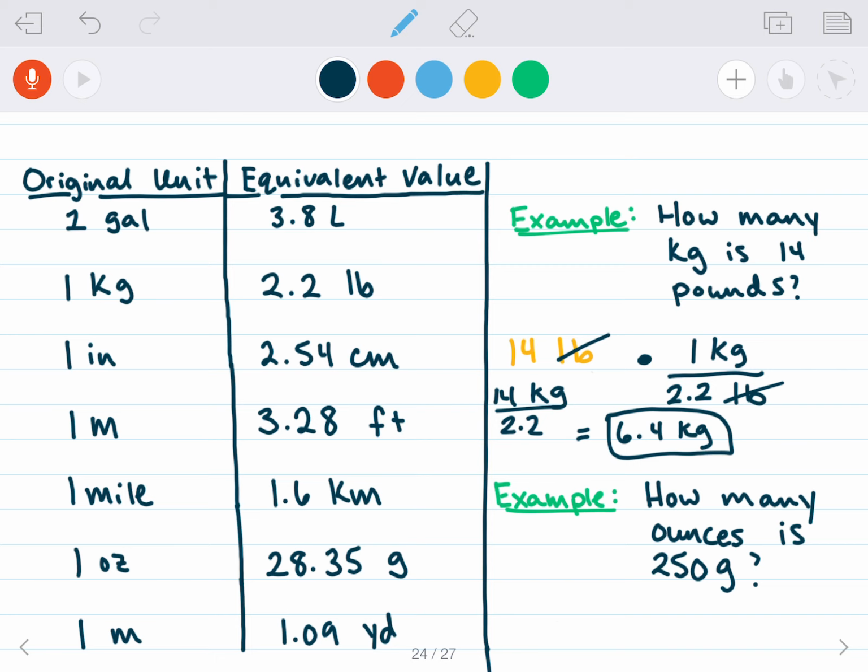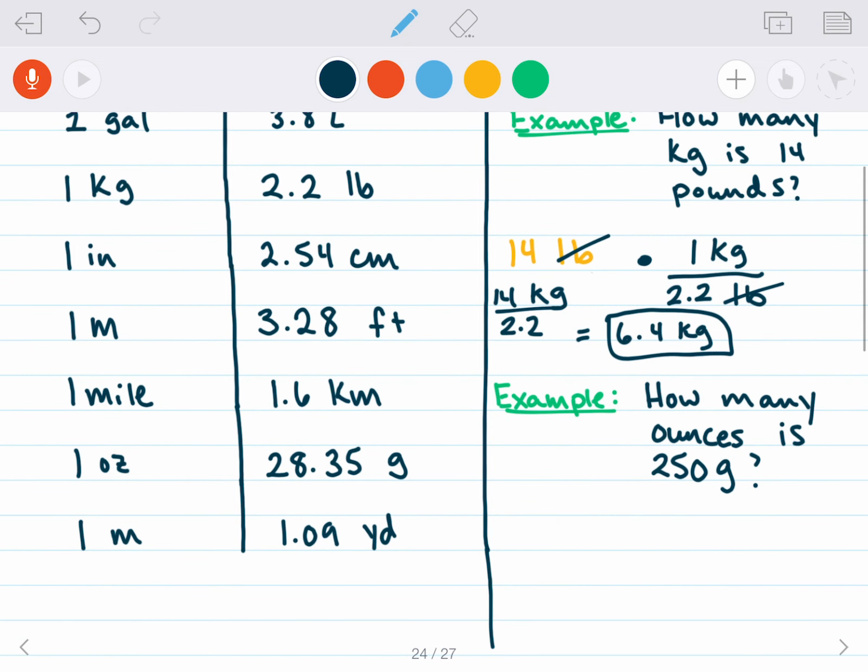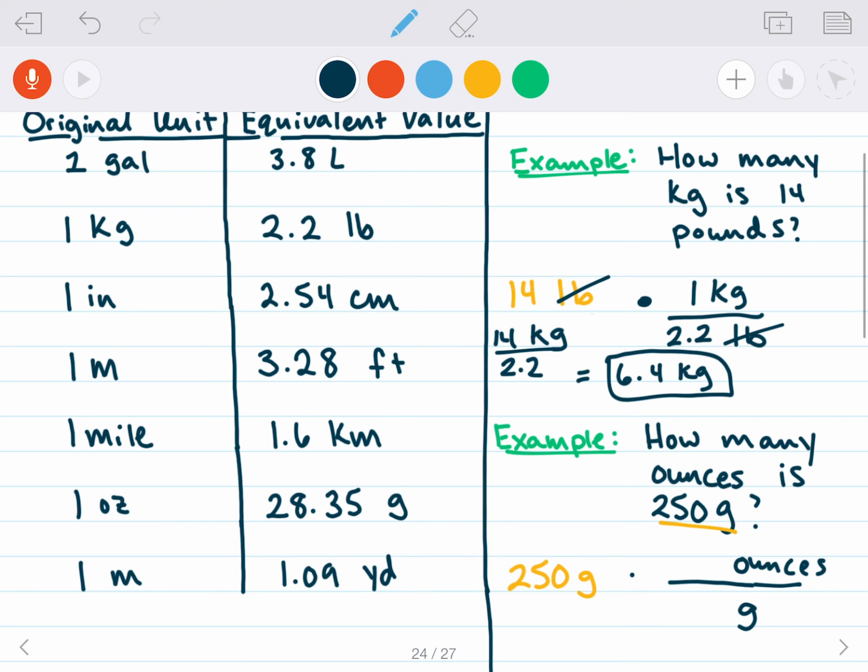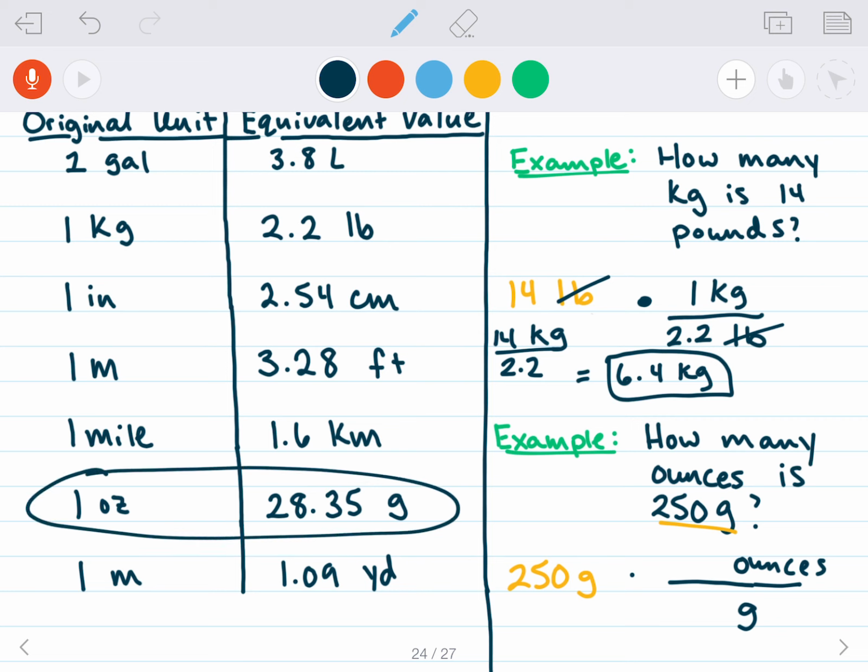All right, how many ounces is 250 grams? Well, I start with the number that I'm given, 250 grams, and I want to go into ounces. So I know I'm going to have to multiply by something with grams on the bottom, so those cancel out, and ounces on top. What's my conversion from this table? I see that 1 ounce is equal to 28.35 grams.